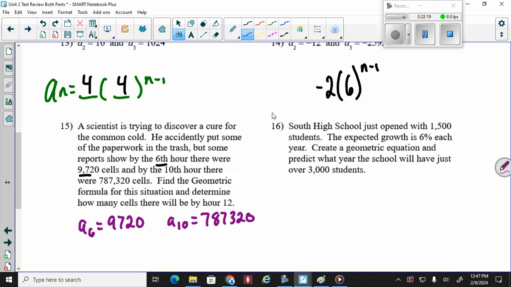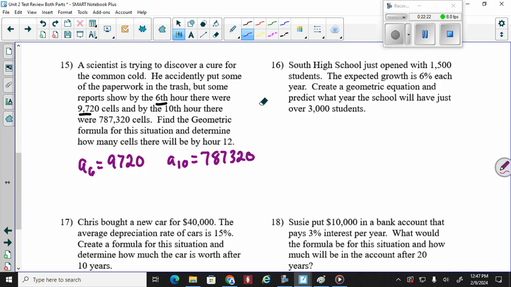You got to find your R, and then you got to find your first term. So finding my R, I'm going to take 787,320 divided by 9720, and then I'm going to take my fourth root, and I believe it's going to be 3. So R is equal to 3.